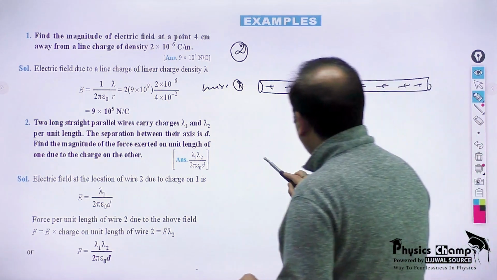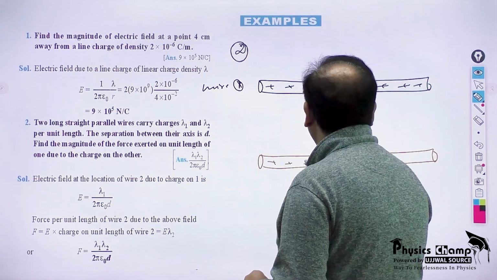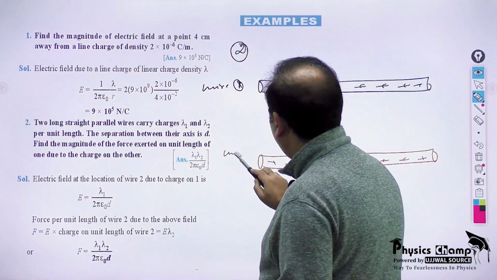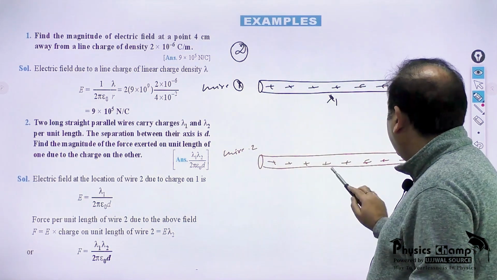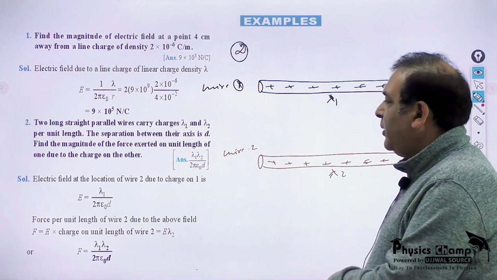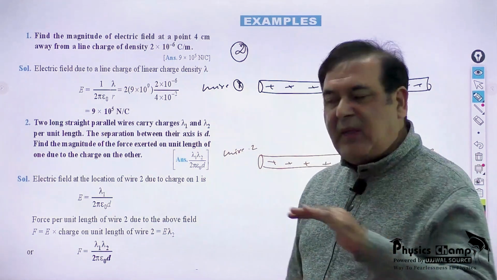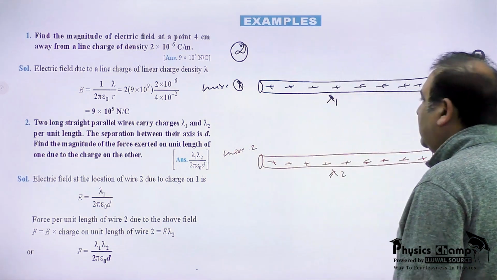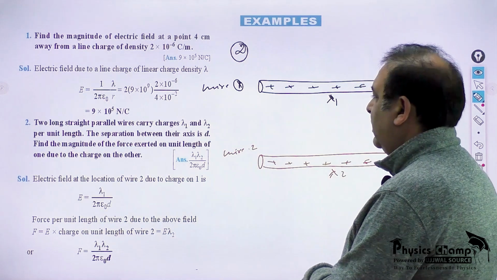Similarly, you assume there is another wire which is wire 2, and this wire 2 has a linear charge density lambda 2. So there are 2 different wires. They both have different linear charge densities, and they are separated by d.